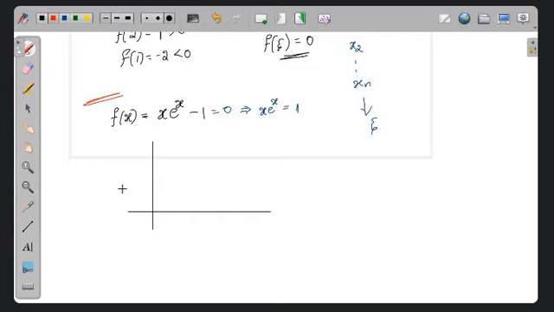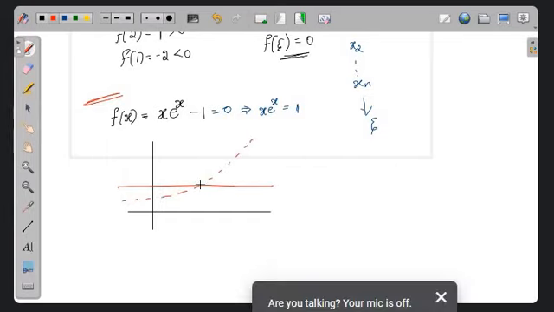Now you can take a line y equal to 1, and then take the plot of x into e power x. So now you can see where they intersect. That intersection point is nothing but the root.